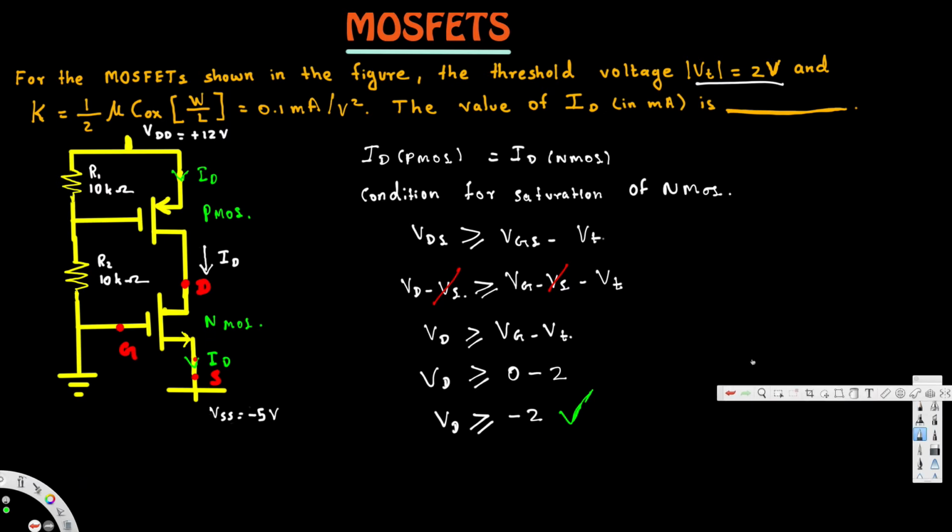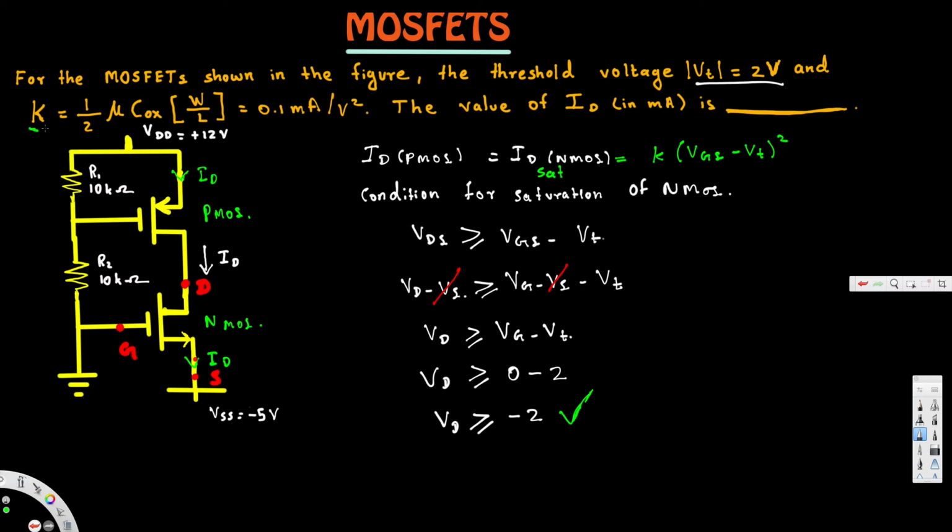When we have the N MOSFET in saturation, we can calculate the saturation current using this equation: K times (VGS minus VT) square. K is given in the question, that is 0.1 milliamperes per volt square. So we write 0.1, and I keep this as milliamperes so I avoid units for now.